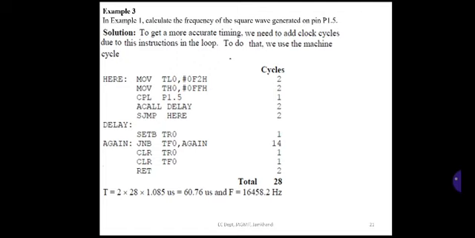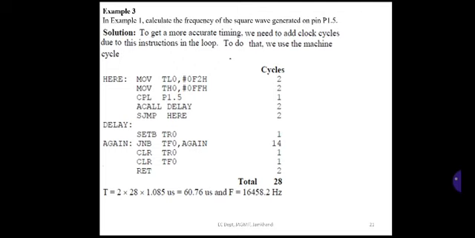Using clock cycles, as you can see, JNB TF0, AGAIN is taken as 14, because one instruction takes one clock cycle here, but the count is 14, that is 13 plus 1 in this case. That's why 14 times that instruction is executed in the loop. So total, when you add the number of clock cycles, it is going to be 28.